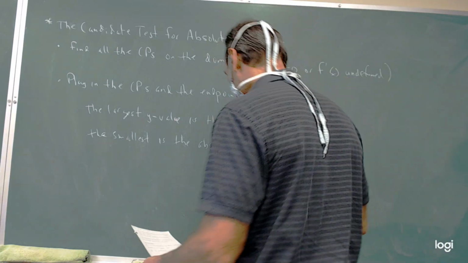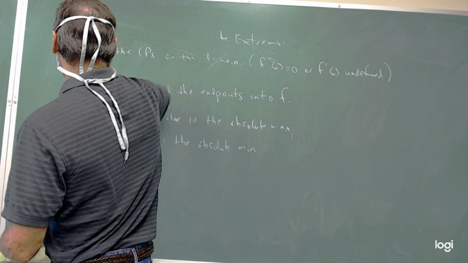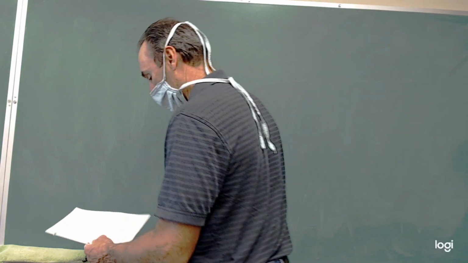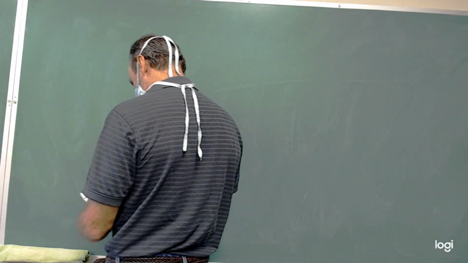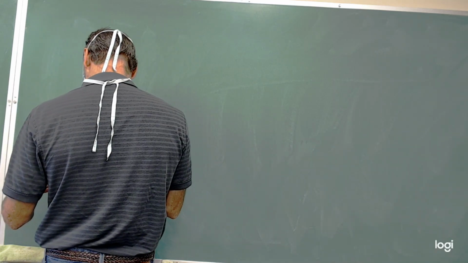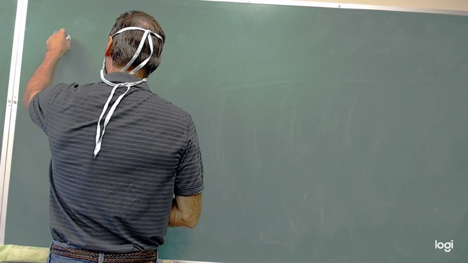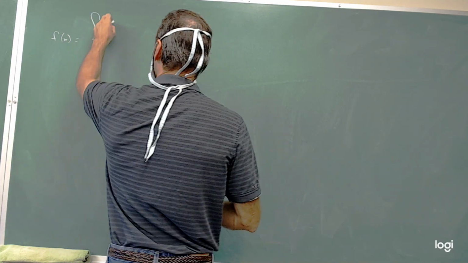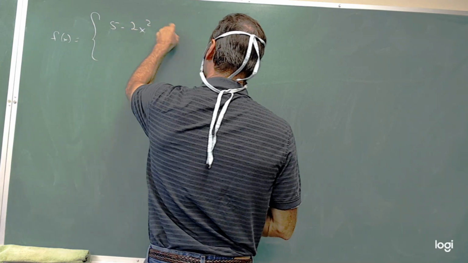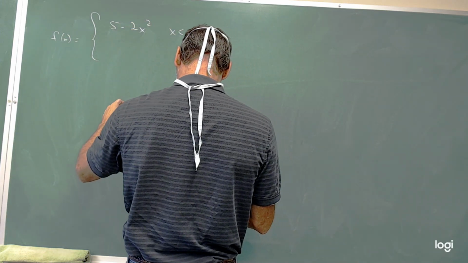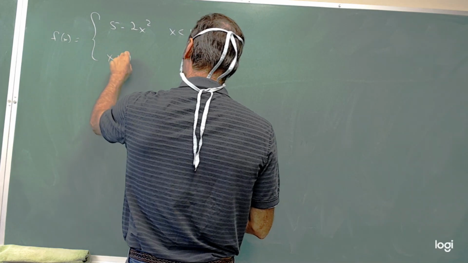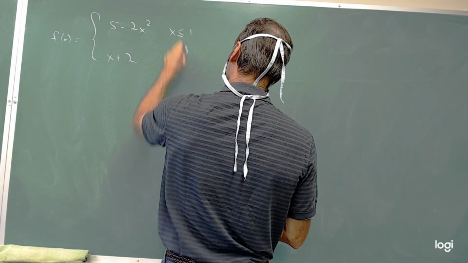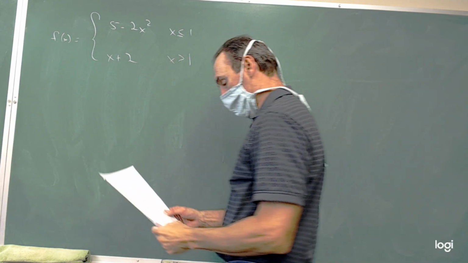Let's look at an example here. Try to pick one that's got a piecewise function. Those are more challenging. I think we need a challenge in our life. So f of x is defined as this piecewise function: 5 minus 2x squared for x less than or equal to 1, and x plus 2 for x strictly greater than 1.